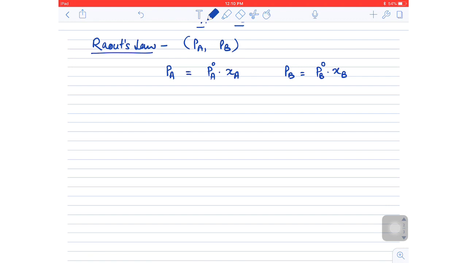Now we can represent it using a diagram.